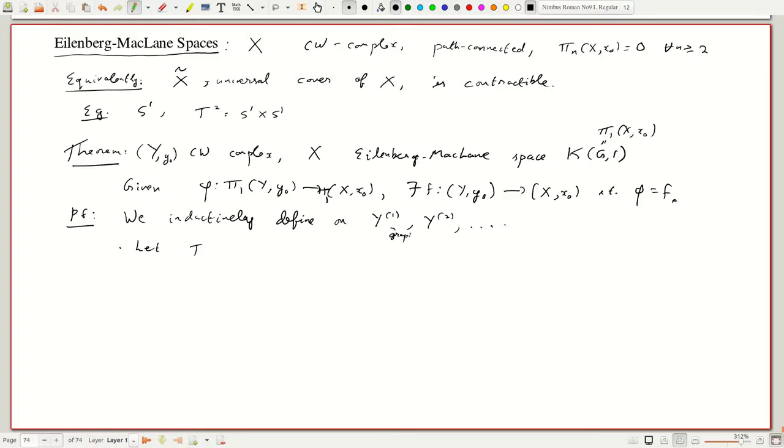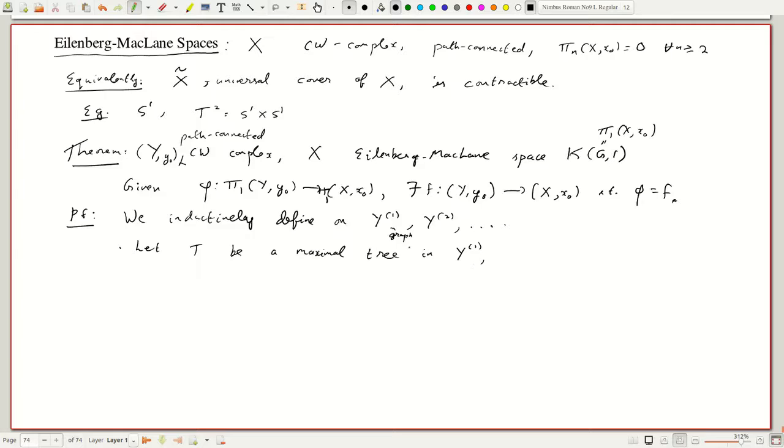We have seen this before. So let T be a maximal tree in Y1. It includes in particular all the vertices of Y1. By the way, to have this maximal tree, I'm going to assume this is path connected. In fact, the statement will be true just by taking the path component, but let's assume it's path connected. Let's take a maximal tree in Y1.